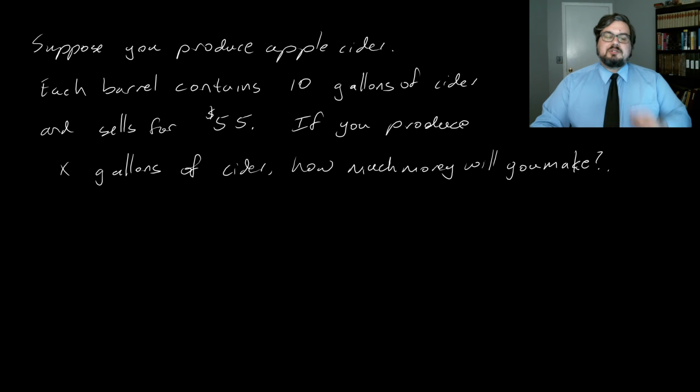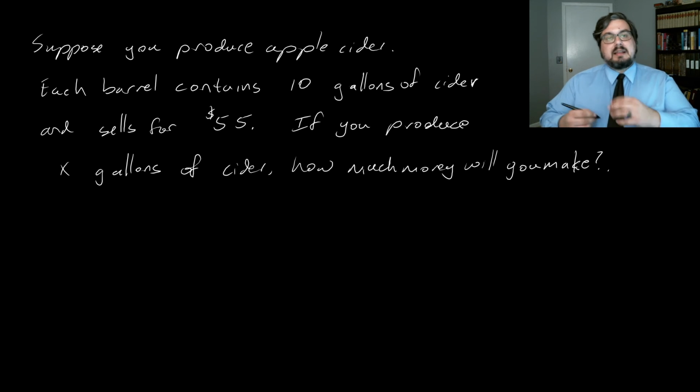Now, the reason a question like this will involve the floor function is because in this problem, you can't sell cider that you haven't barreled. The only way that you sell your cider is by barreling it and selling those barrels, which means that if you have cider left over that can't fill up a whole barrel, then that's going to go to waste.